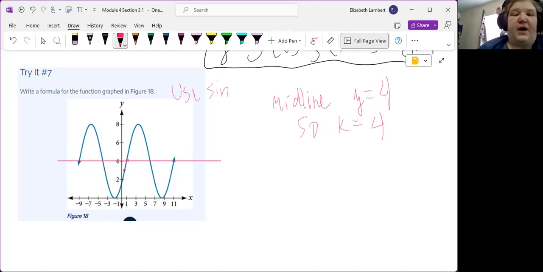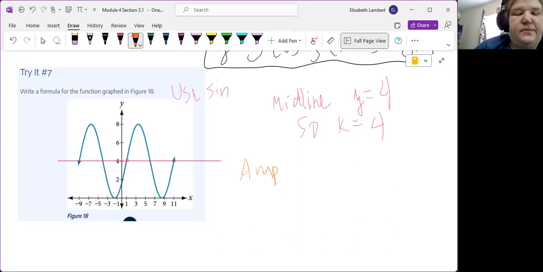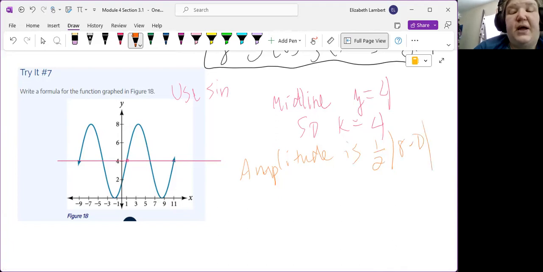All right, we need to figure out the amplitude. So this is half of 8 minus 0. Half of 8 is 4. So our A is 4.